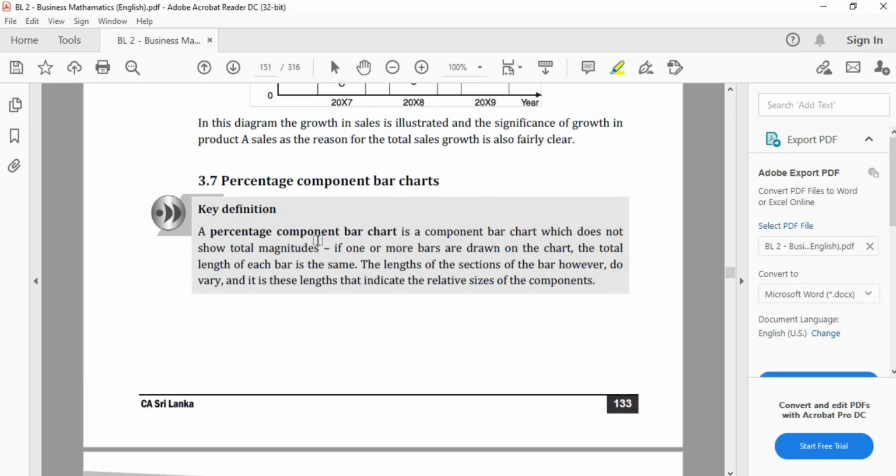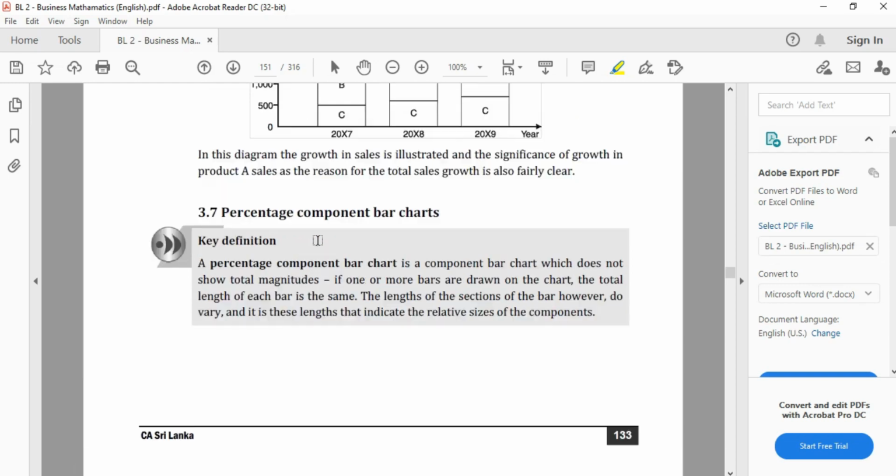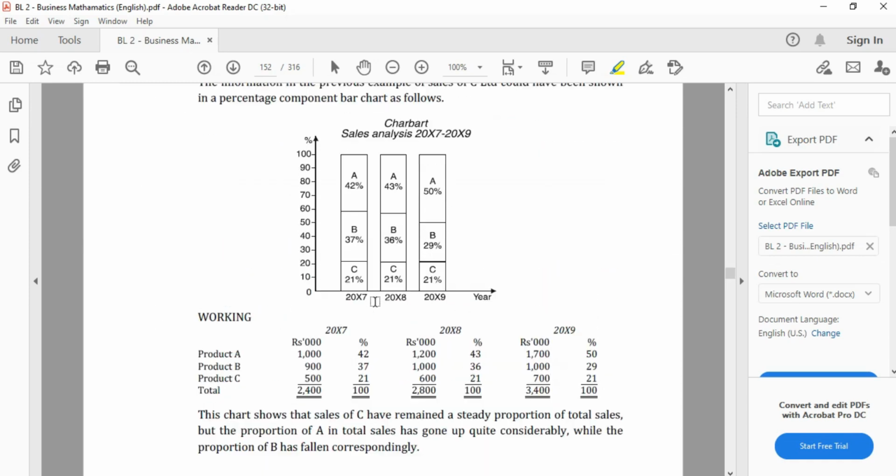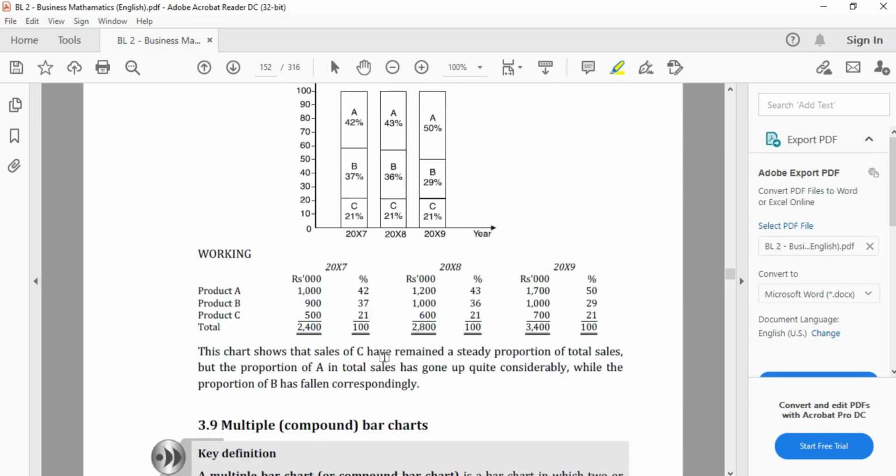Component bar charts can have percentages to it, and so the same thing in numbers they have given in percentage. But sometimes in the exam they might ask you to calculate the percentage. In that case, for A, you have to divide 1000 by 2400 and multiply by 100.